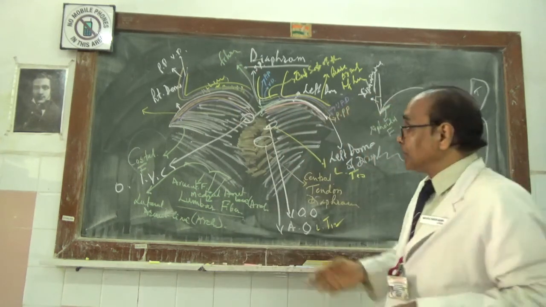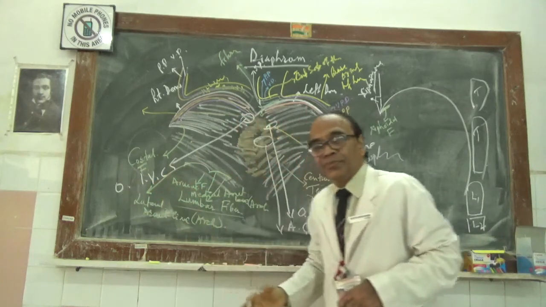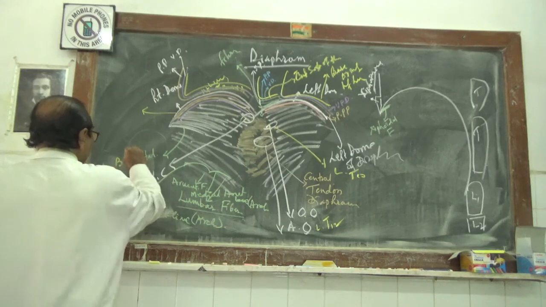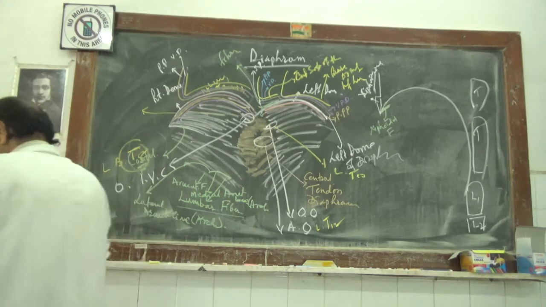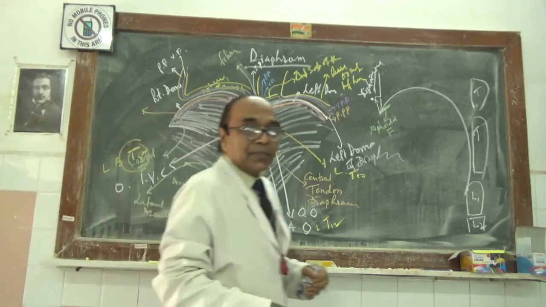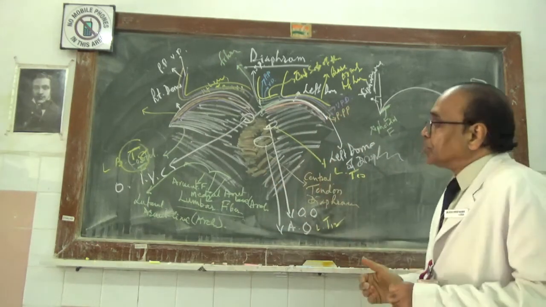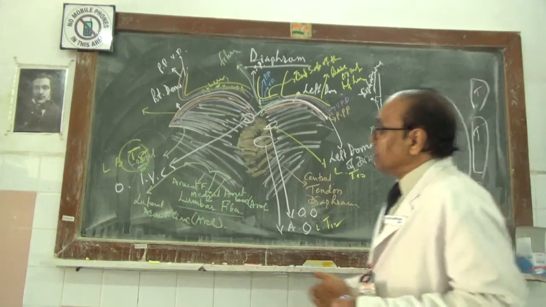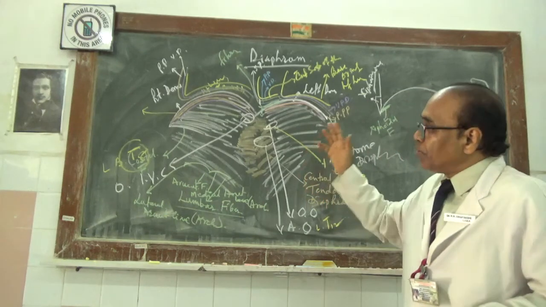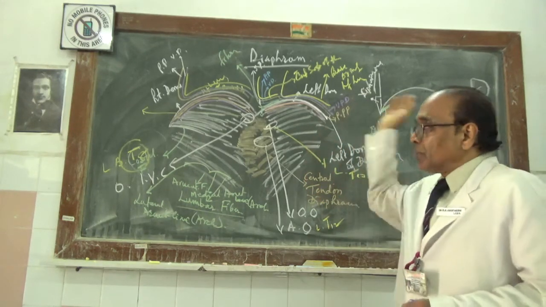This will be at the level of the lower border of thoracic 8. Through this orifice some tributaries also run.